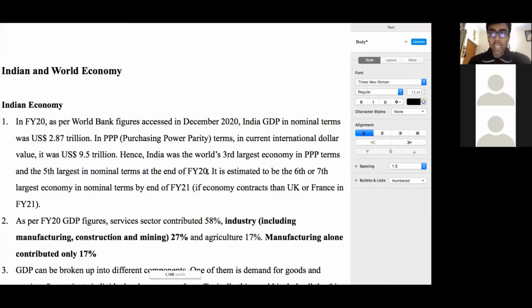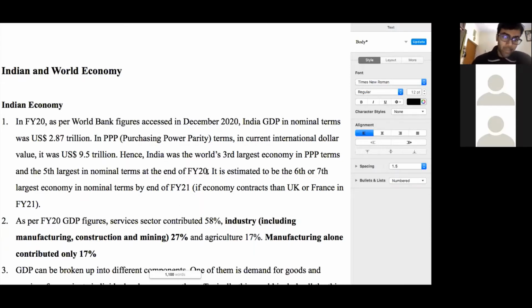There is no way that any other country, despite the pandemic or no pandemic, is going to cross India's rank 3rd. And maybe in 10 or 12 years' time, perhaps 15 years' time, India might even cross the United States to become the 2nd largest economy in terms of purchasing power parity. But that will still take around maybe 15 years or so. It depends on how India grows and it depends on how US grows.